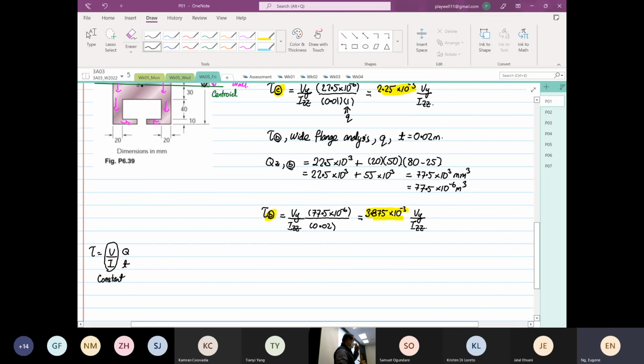The way I teach you is those two are constant. What is fighting is this. When Q is maximum, there is a possibility that your shear stress will be a maximum. But with T being the minimum, it can also increase your shear stress. Agree? So both of them are always fighting one another.